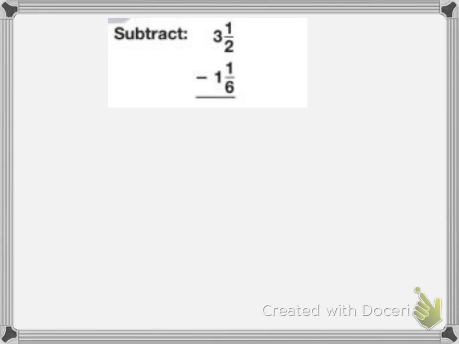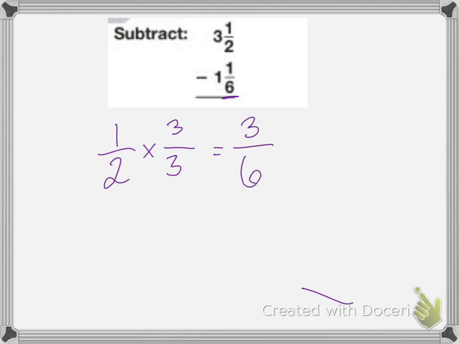We also need a common denominator when subtracting. So I have 3 and 1/2 minus 1 and 1/6. I can change the denominator of 1/2 to have the same denominator as the 6 by multiplying this fraction by 3/3. 1 times 3 is 3, and 2 times 3 is 6.